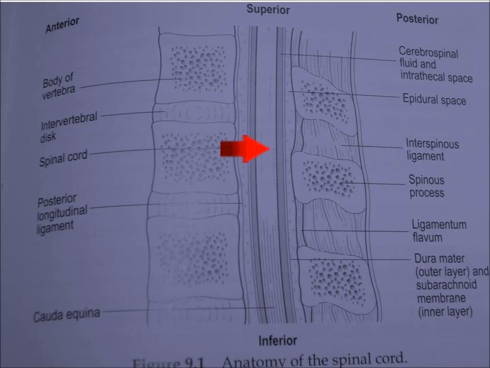This is the spinal cord. Note that if we are seeing the spinal cord, we must be at the L1 level or above. The CSF, or cerebrospinal fluid, surrounds the spinal cord. Ligamentum flavum is an important landmark.